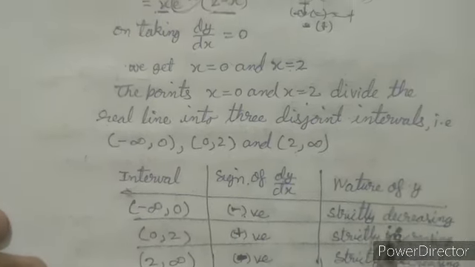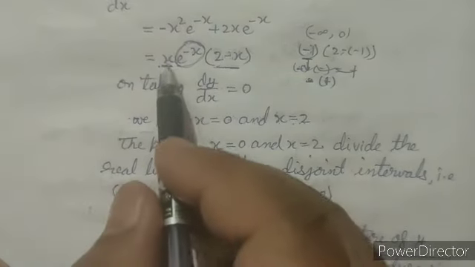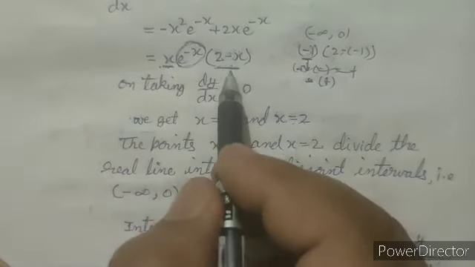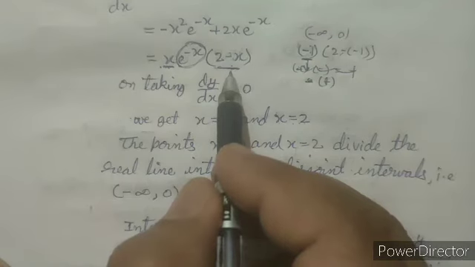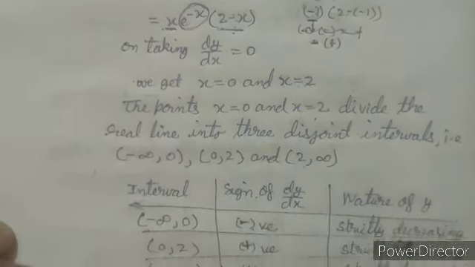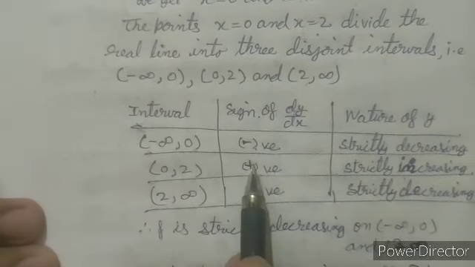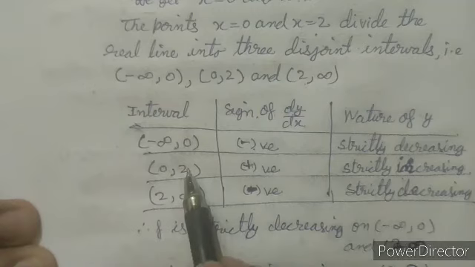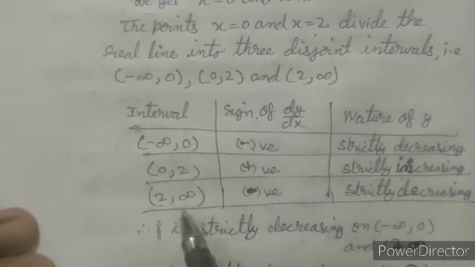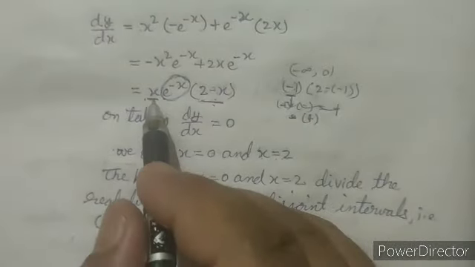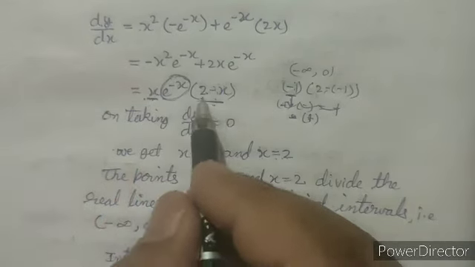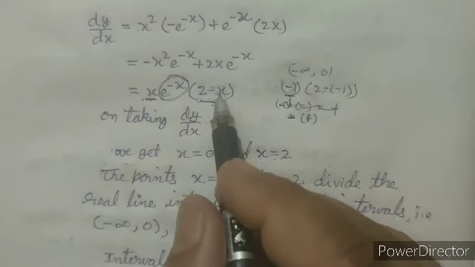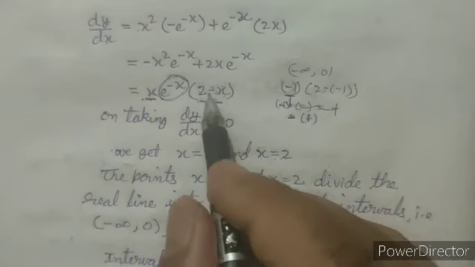Now in interval 0 to 2, x will be positive and 2 minus x will also be positive, and that means the sign of dy by dx is positive, and thus it is strictly increasing in interval 0 to 2. Now in interval 2 to infinity, the sign of x will be positive, and for the sign of 2 minus x, if we take 3 in place of x, then 2 minus 3 will be equal to minus 1.